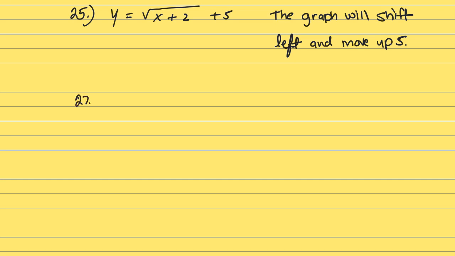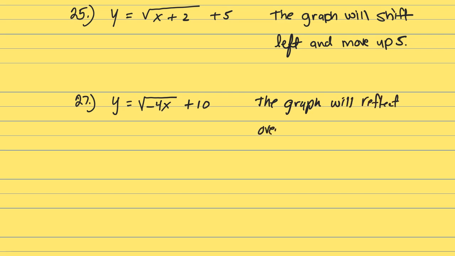It's really important that you know how to describe it in written form, because you're gonna have some problems like that. Y equals the square root of negative 4x, and I wrote that radical sign too far. So negative 4x plus 10. So the graph will reflect over the y-axis.